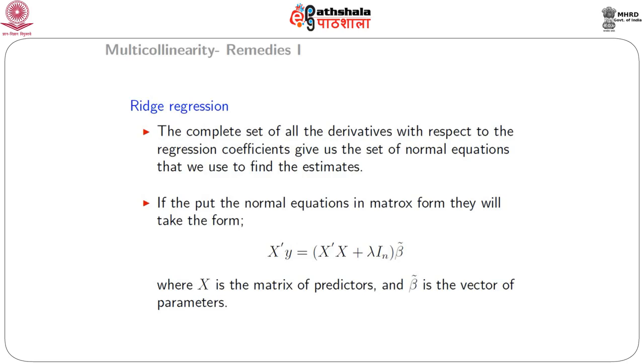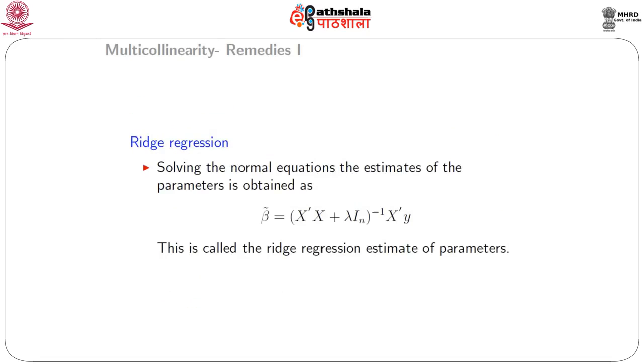So solving the above set of normal equations, the estimate of the parameters is obtained as beta tilde equals X prime X plus lambda times I whole inverse X prime y. This is called the ridge regression estimate of the parameters.